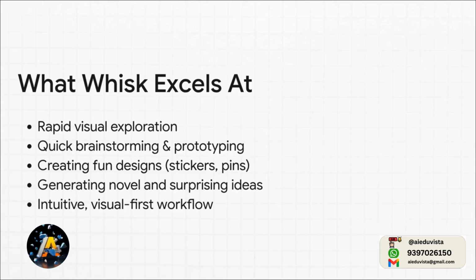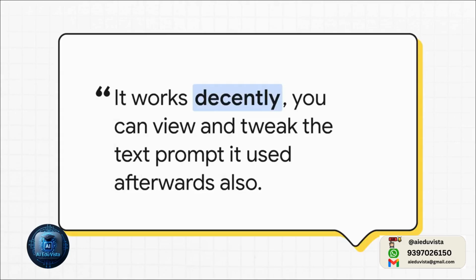And for people who aren't prompt engineering wizards, the workflow feels incredibly natural. For example, this Reddit user found that it works decently and even lets you go in and tweak the text prompt that the AI generates. And they managed to create this pretty awesome image of their dog in a classroom made of felt, which just goes to show you, with a bit of playing around, the results can be really cool and creative.